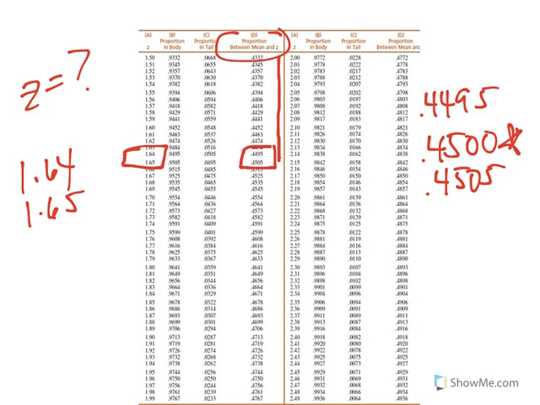And I would never give you a test question where you would have to make that determination, because either would be fine. But for purposes of saying that we want at minimum 90% in the middle, we're going to go with 1.65 because that proportion is going to be 0.4505 times 2, and at minimum we're going to get 90% in the center.